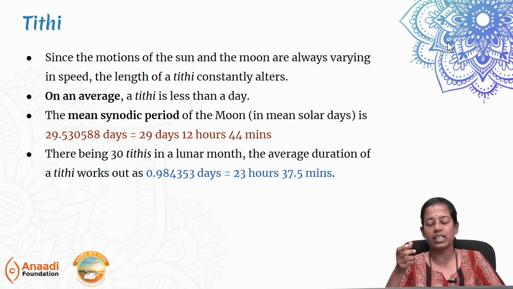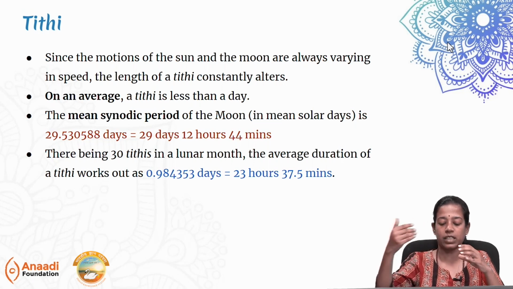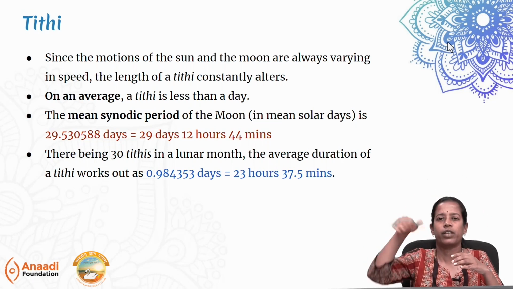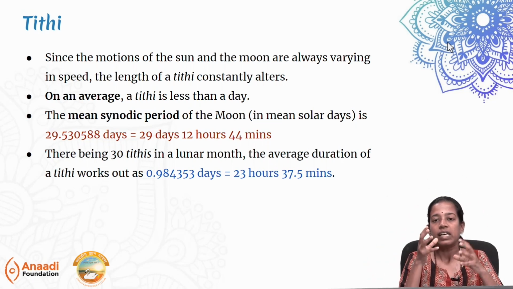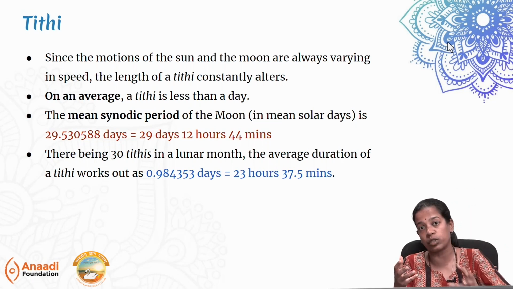Okay. Then there is one more term called a sidereal period. Sidereal period is where the celestial object comes back to its own position with respect to the stars, meaning with respect to the ecliptic. This particular celestial object would do whatever it has to do, because it's a graha, it will have that special motion, but come back to the same place.